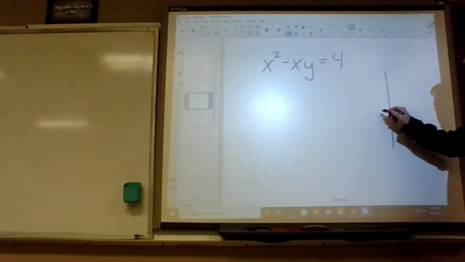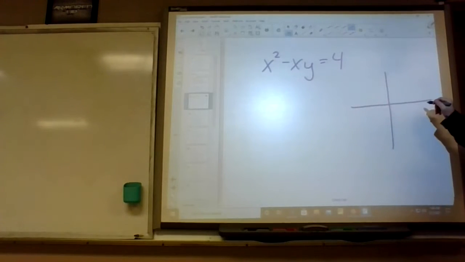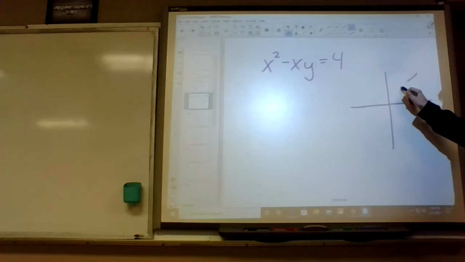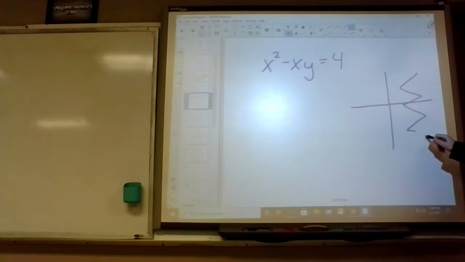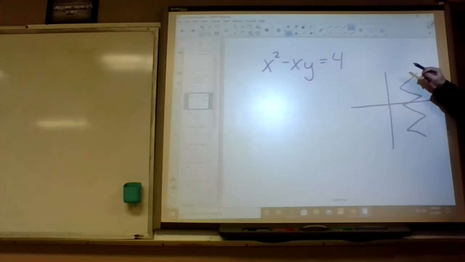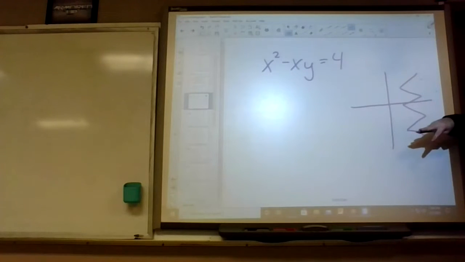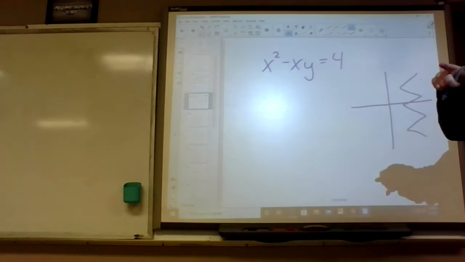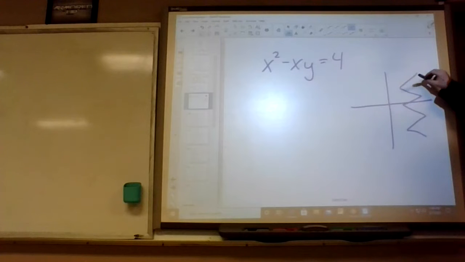So, what would a graph that has symmetry in the x-axis look like? Maybe something like this, like it's the same from top to bottom. So that happens when, if there's a positive y value here, the negative y value also has a point.